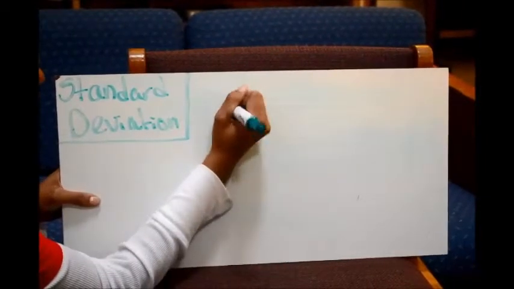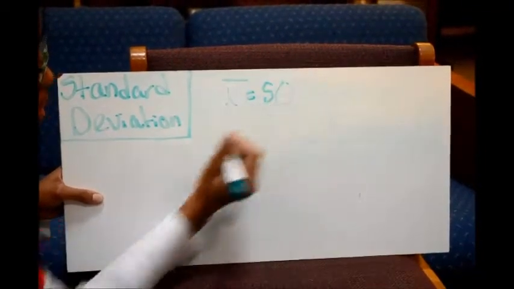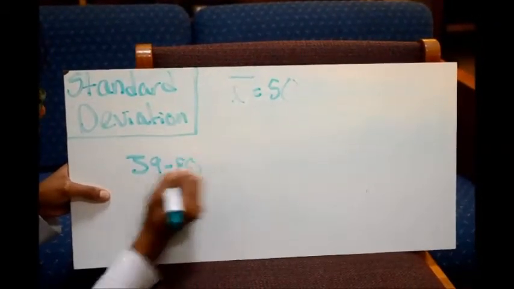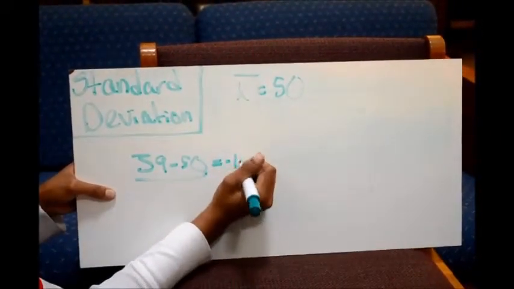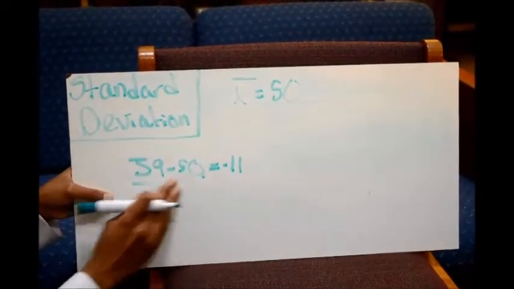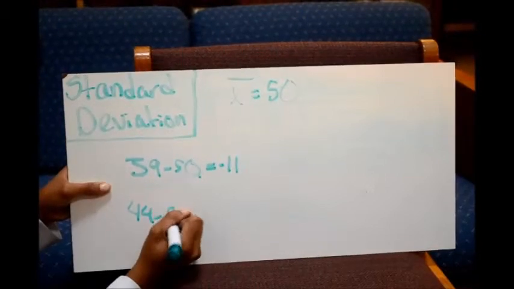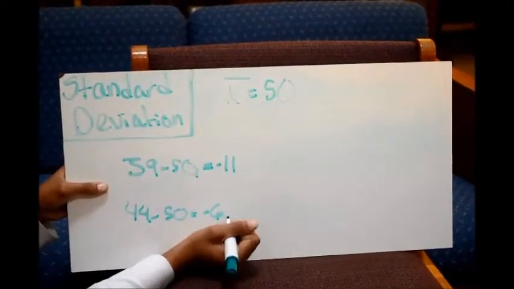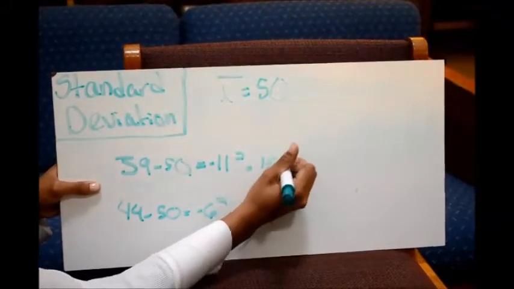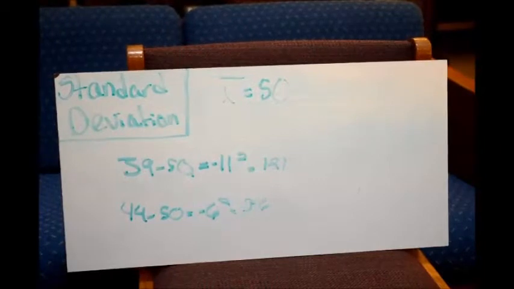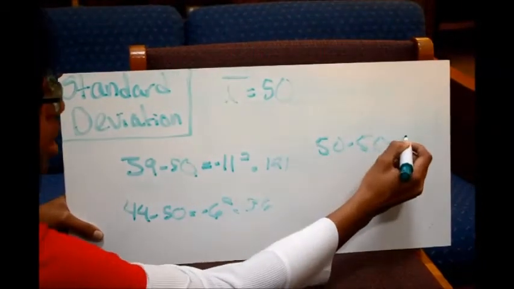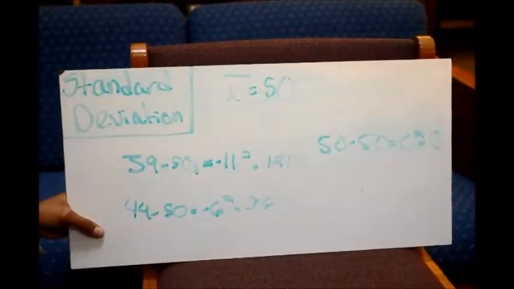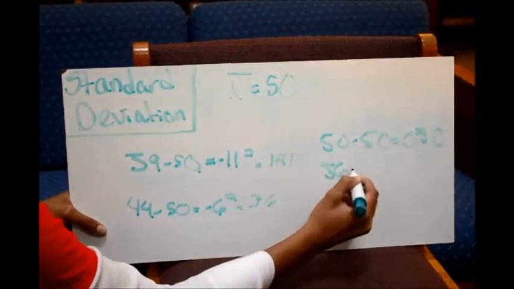The first step is to subtract the mean, which is 50, from each of the values and then square each difference. 39 minus 50 is negative 11, squared, which is 121. 44 minus 50 is negative 6, squared, which is 36. 50 minus 50 is 0, which squared is still 0. 56 minus 50 is 6. 6 squared is 36.